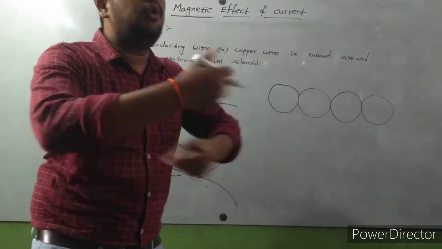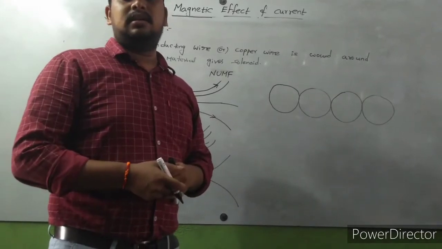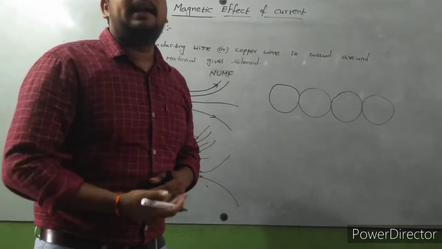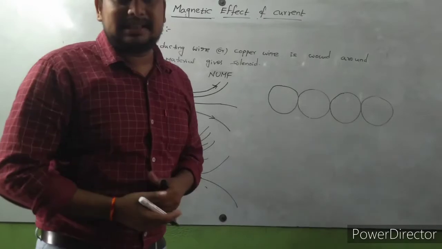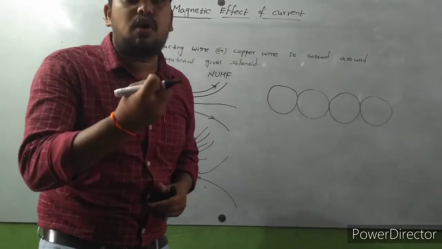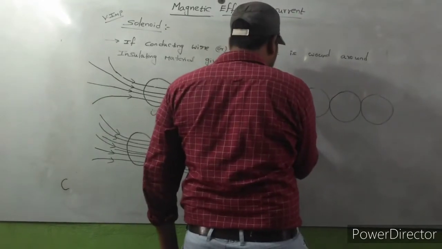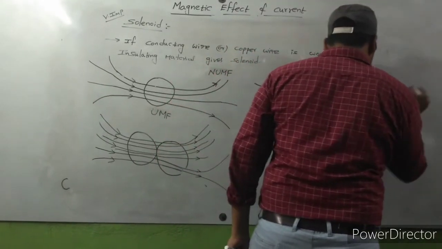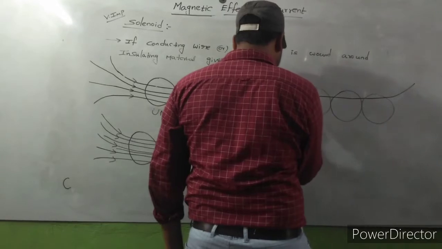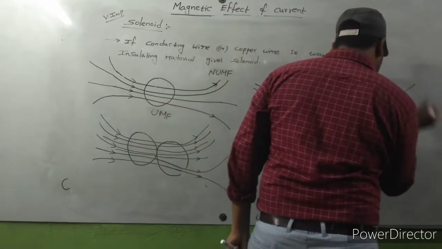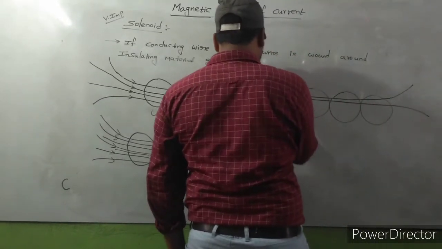If the number of loops increases, then the uniform magnetic field lines will increase. That means it will produce a strong magnetic field. So for example, if I take four loops, observe carefully.